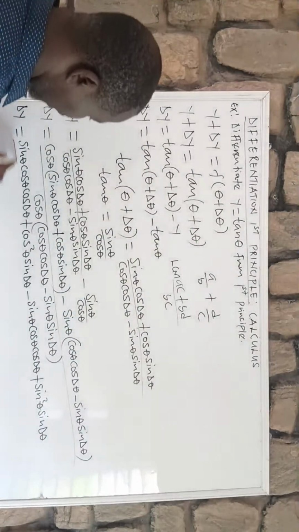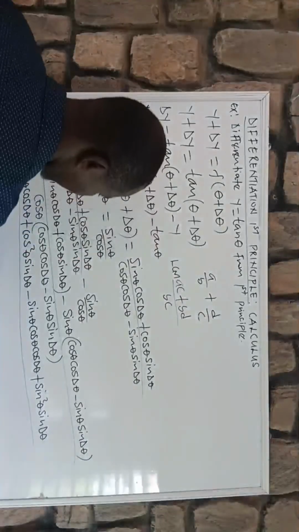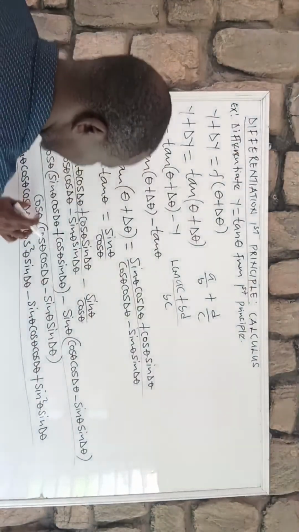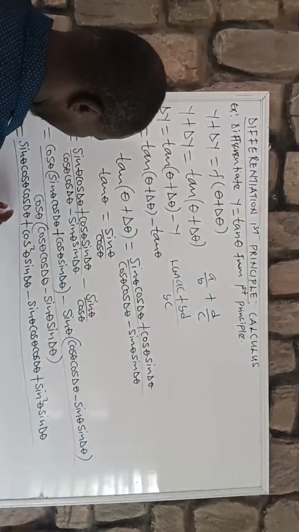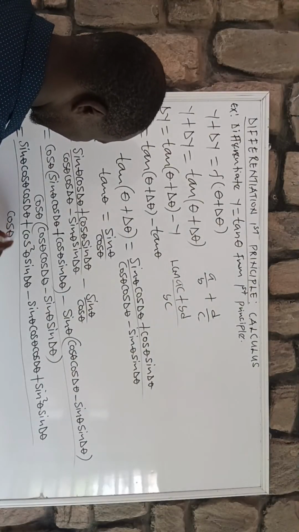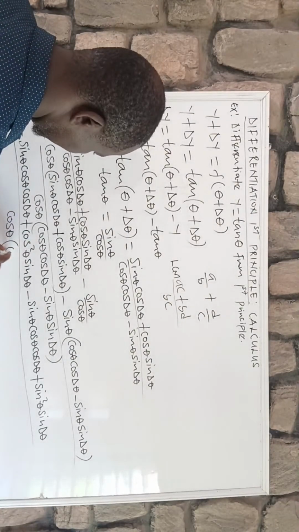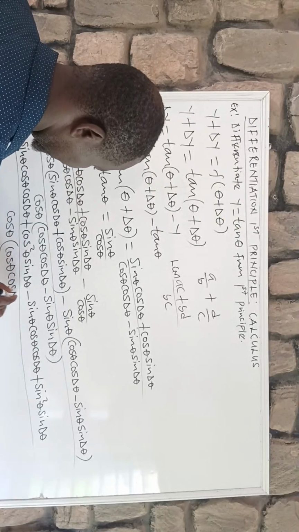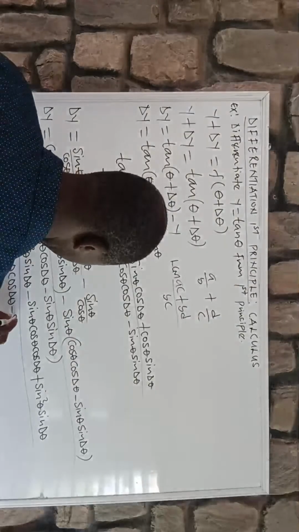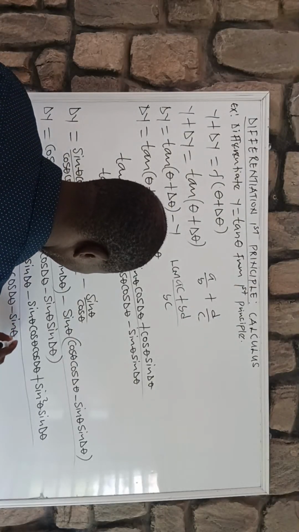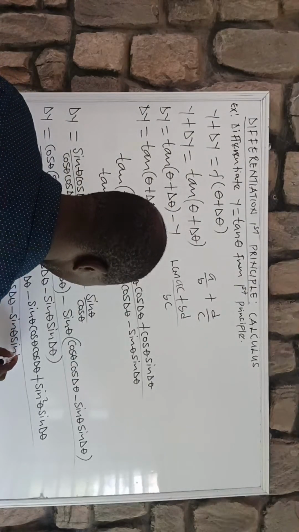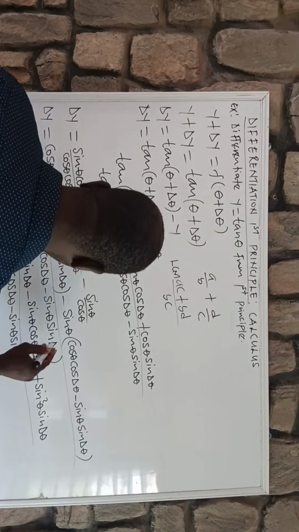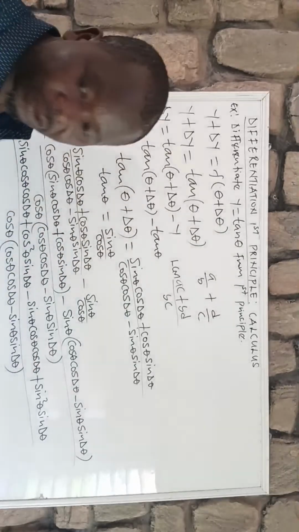Yes, all over, you can leave this, cos theta, open bracket, cos theta cos delta theta minus sin theta sin delta theta. Do you agree with me?